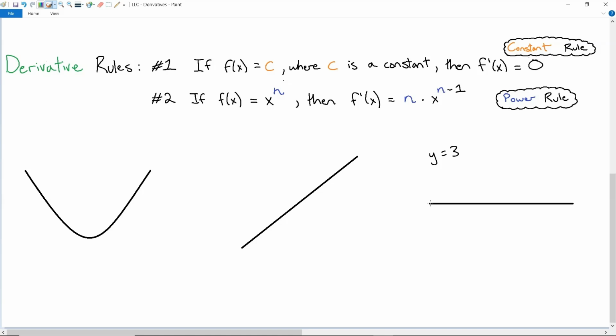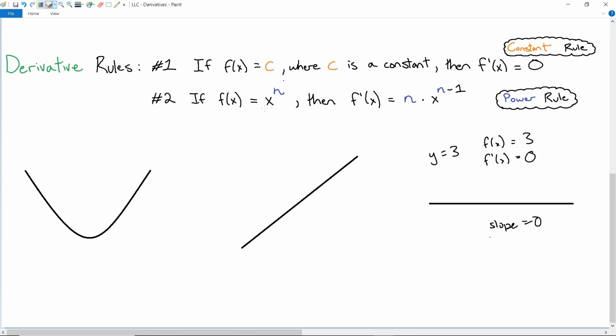So really, we have a y value of 3 constantly across, no matter what our value of x is. And so we can think of it as taking the derivative of 3. That would have to be a 0 based on the constant rule. And that makes sense because the slope of this line is constantly 0.